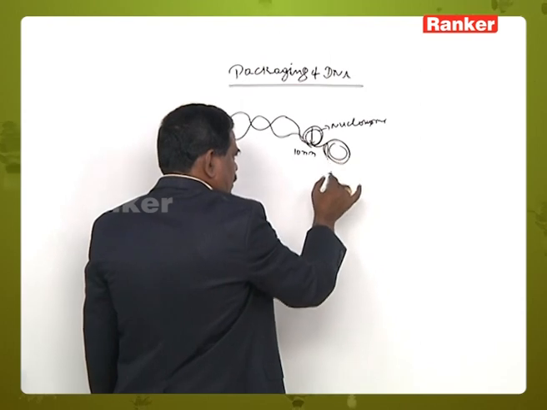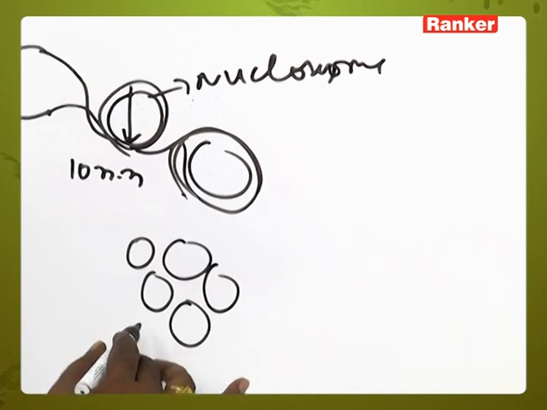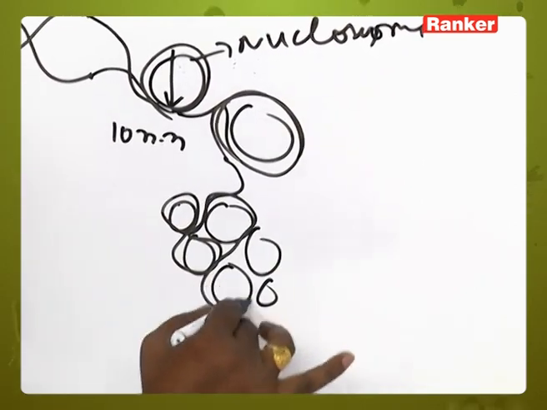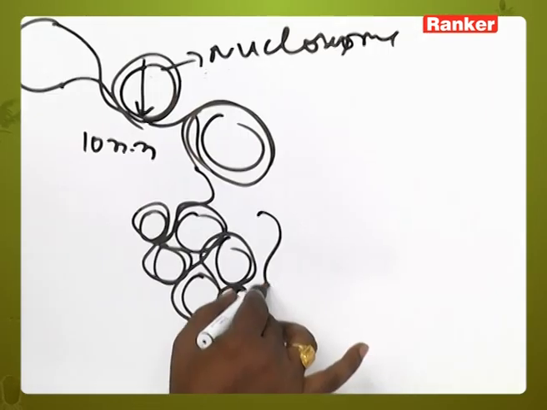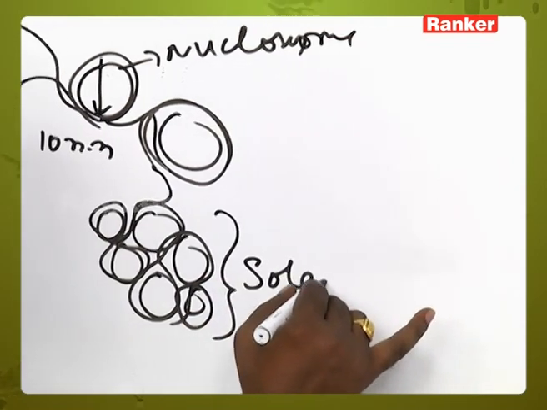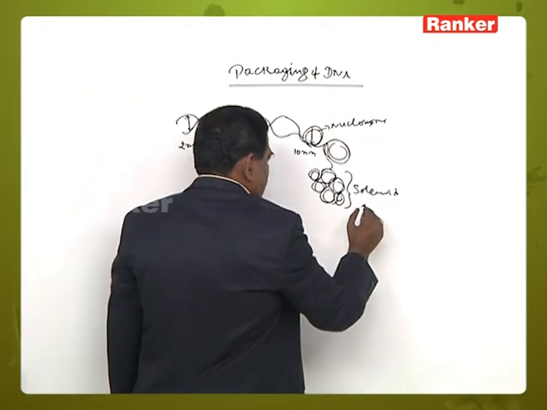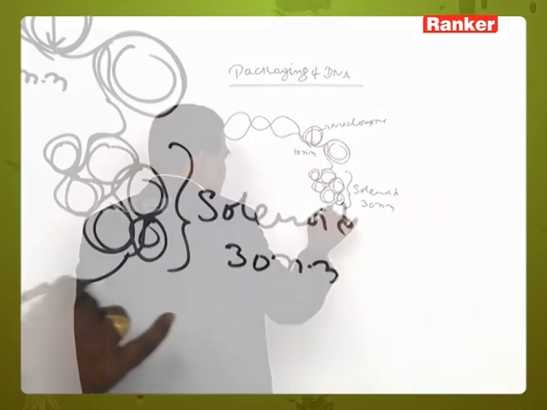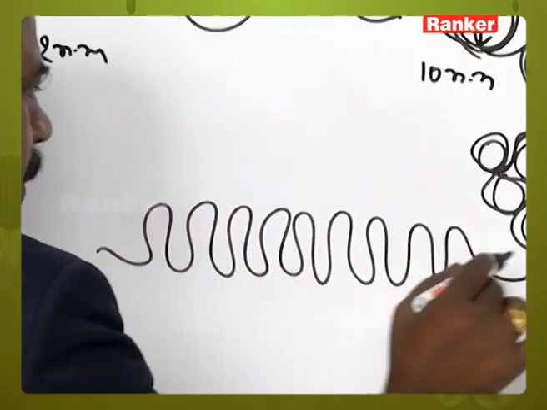Now, 6 nucleosomes are arranged like a cylinder, with the DNA present around them, and the 6 nucleosomes arranged like a cylinder are called a solenoid. Diameter is 30 nanometers, and it is arranged like this, forming chromatin fibers.